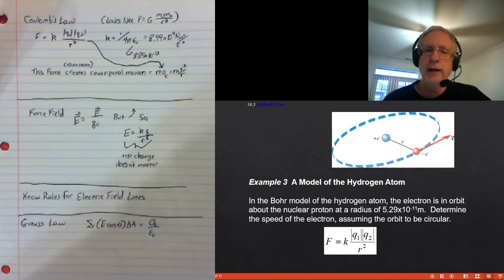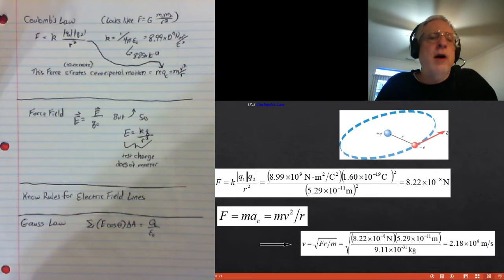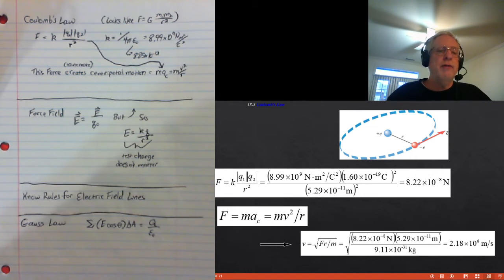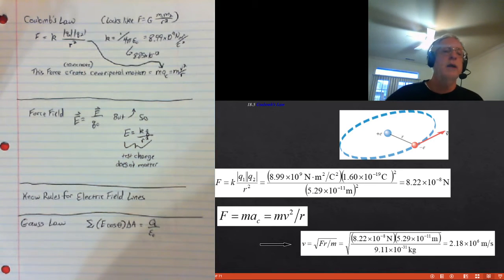So even though we're moving on to other concepts, we're still falling back to these same equations. If I solve that for v, I get v equals the square root of F r over m. And I found that the force was k, 8.99 times 10 to the ninth, times q1 times q2. Since this is a proton and an electron, they have the same magnitude of charge, 1.60 times 10 to the negative 19th.